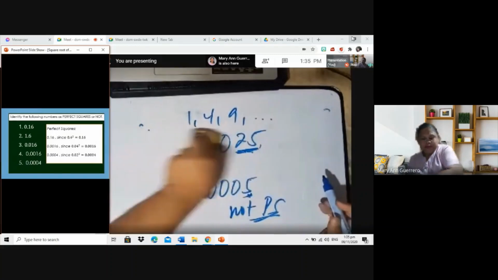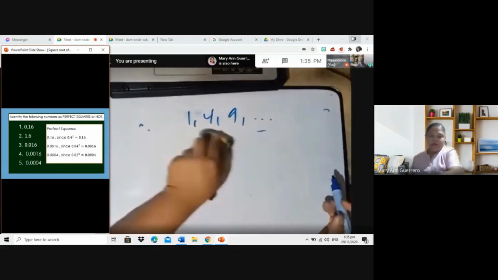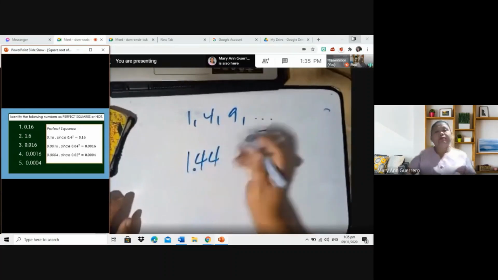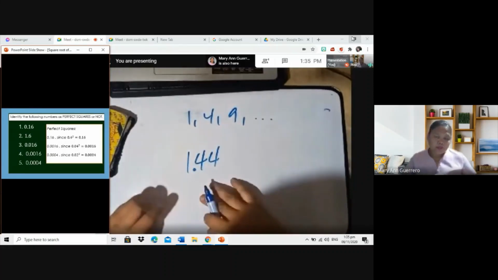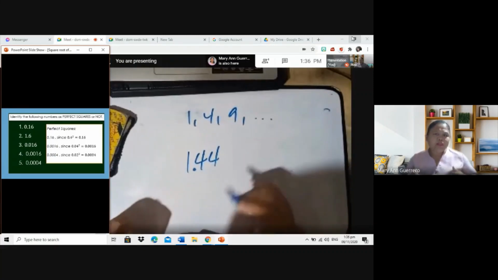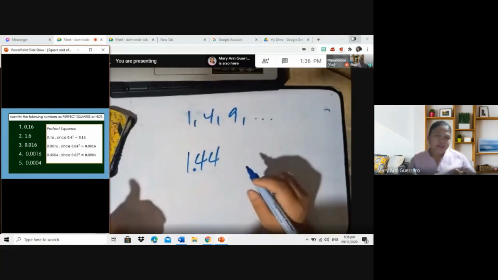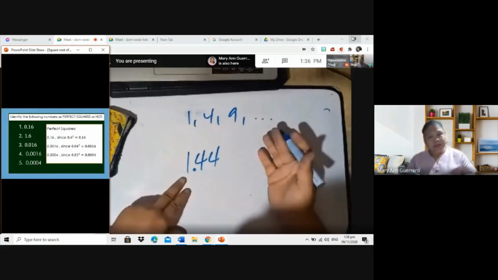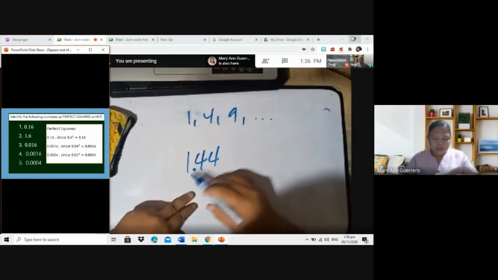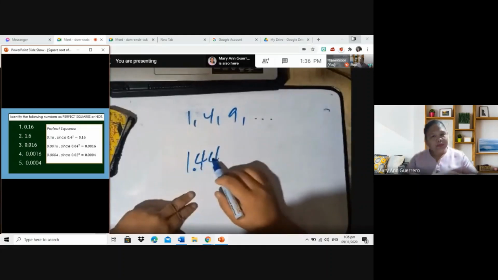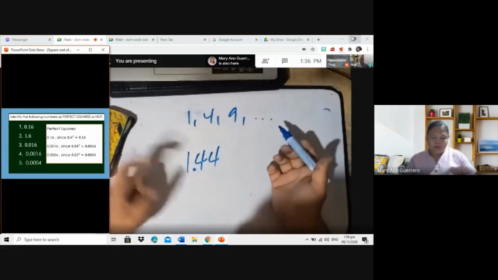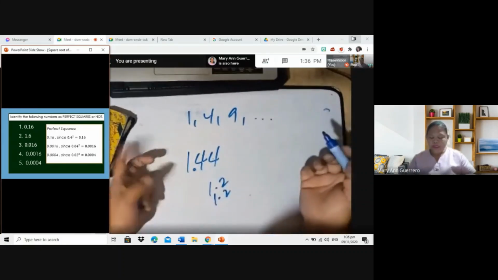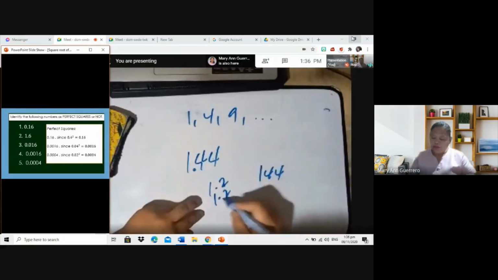Okay? So, let's say we have 1.44. Perfect square or not? 144 is a perfect square because 12 squared is 144. So, tingnan natin yung digit after the decimal point. 1, 2. So, perfect square siya. 1.2 times 1.2, kasi that is 144, then 1, 2, 1, 2.